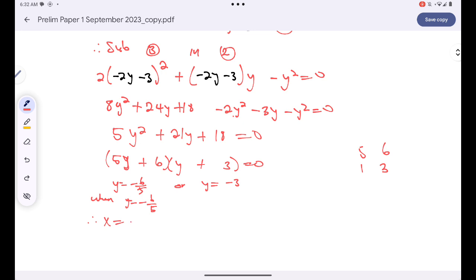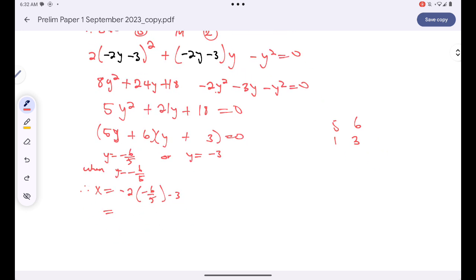So when y is equal to negative 6 over 5, I can conclude that x will be equal to, remember that, guys, x is just negative 2y minus 3, right? So the value of x will simply be equal to positive 12 over 5 minus 3. That's 12 minus 15, which is negative 3 over 5. So the answer over here is negative 3 over 5.